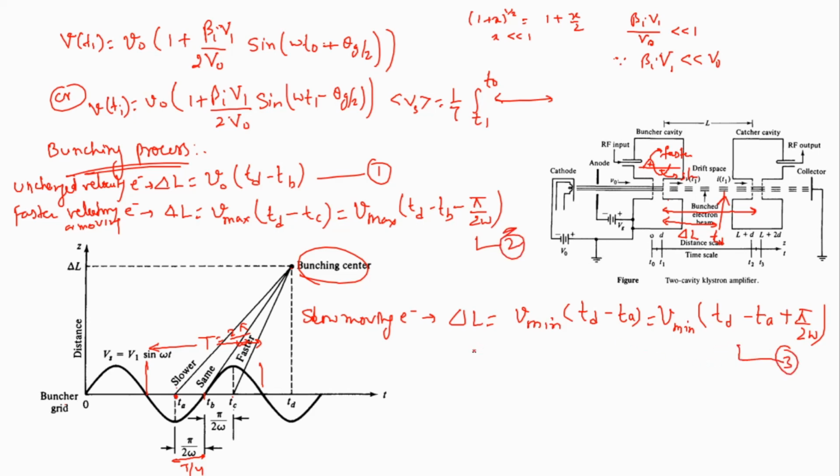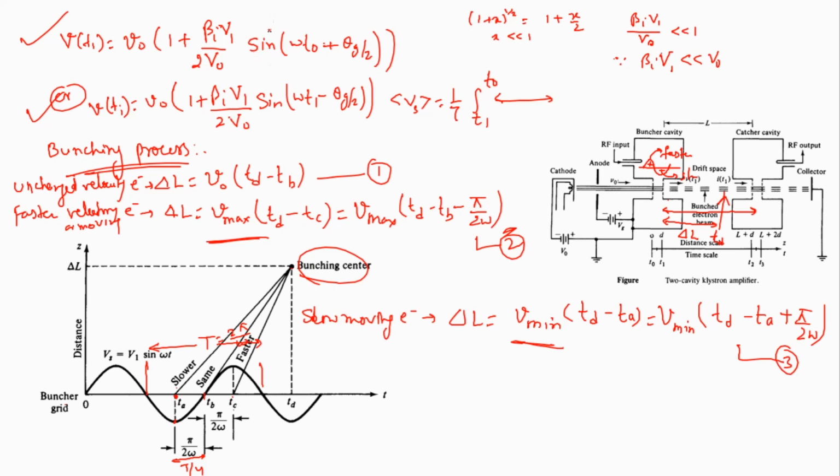Now we will try to substitute maximum velocity and minimum velocity into equation number 2 and equation number 3. How can maximum velocity be found out? Either from this equation or this equation, and the maximum will depend on this sine value. For the peak value the sine will be 1, and for the minimum value it will be minus 1.